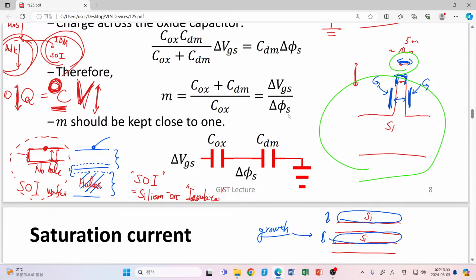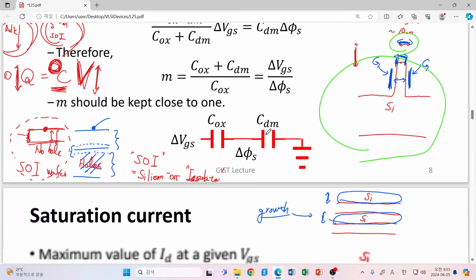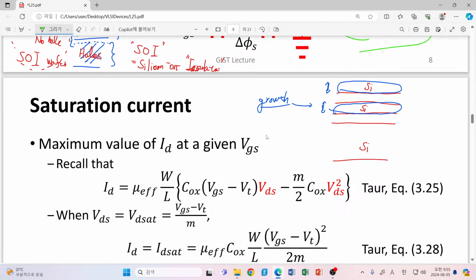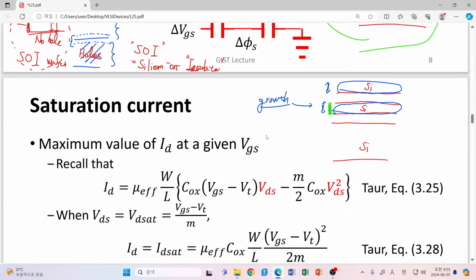So if you have a certain uncertainty or variation in your etching process, then the definition of your thickness will change. However, when you have this growth-based approach, the growth itself defines the thickness of your silicon, so that is good for defining a well-controlled silicon substrate.